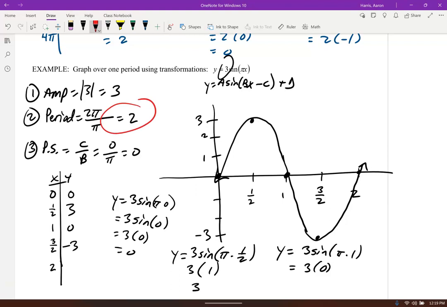So this pi, because pi is bigger than 1, is actually horizontally compressed, right? Like here's your normal sine function, but it takes until 2 pi to do it, right? So it's compressed it horizontally and stretched it out vertically.